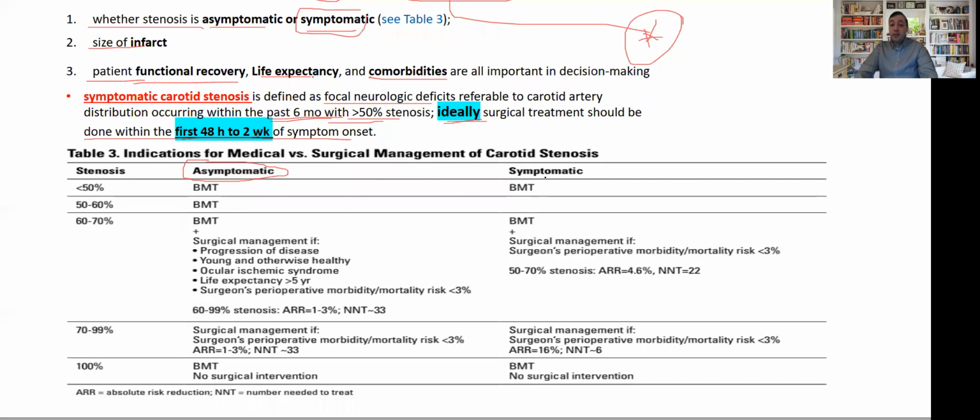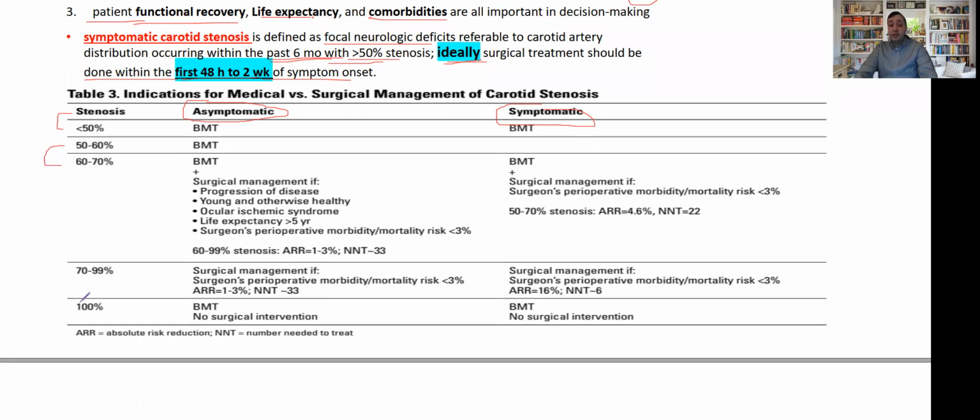So we have asymptomatic patients and symptomatic patients. And what's the degree of the stenosis? Is it mild, less than 50%, moderate, which is 50% up to 70%, or severe, more than 70%?